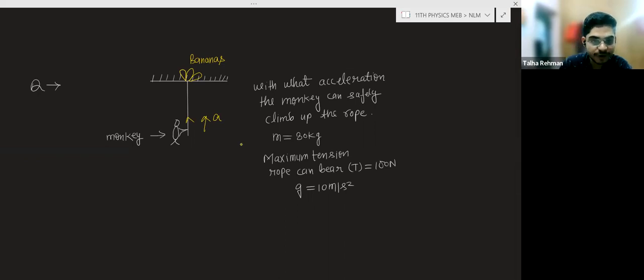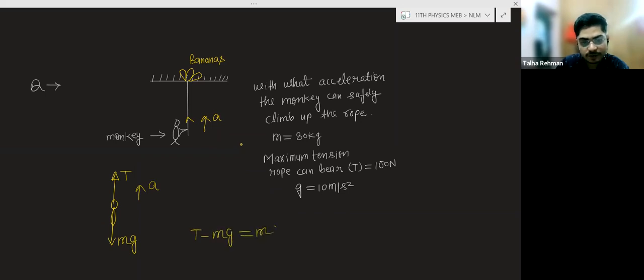So we will draw the FBD of the monkey. Suppose this is the monkey. This monkey has weight in the downward direction, and there will be tension in the string in the upward direction, and the monkey is going in the upward direction. So what will be the equation of force? T minus mg is equal to ma.